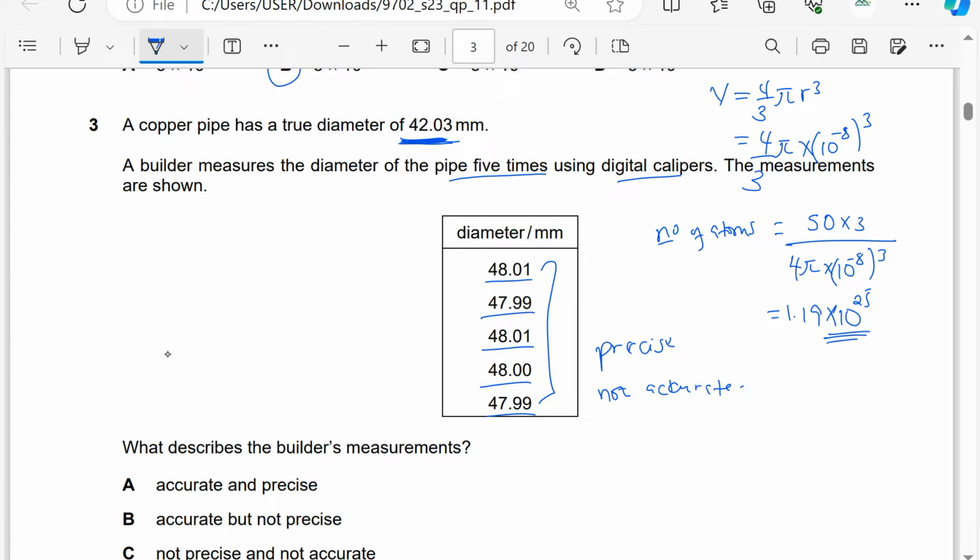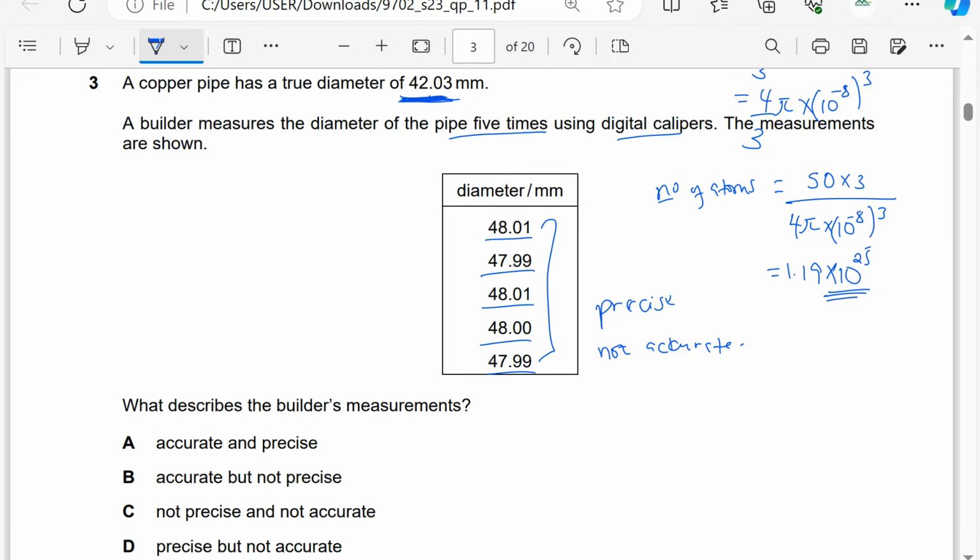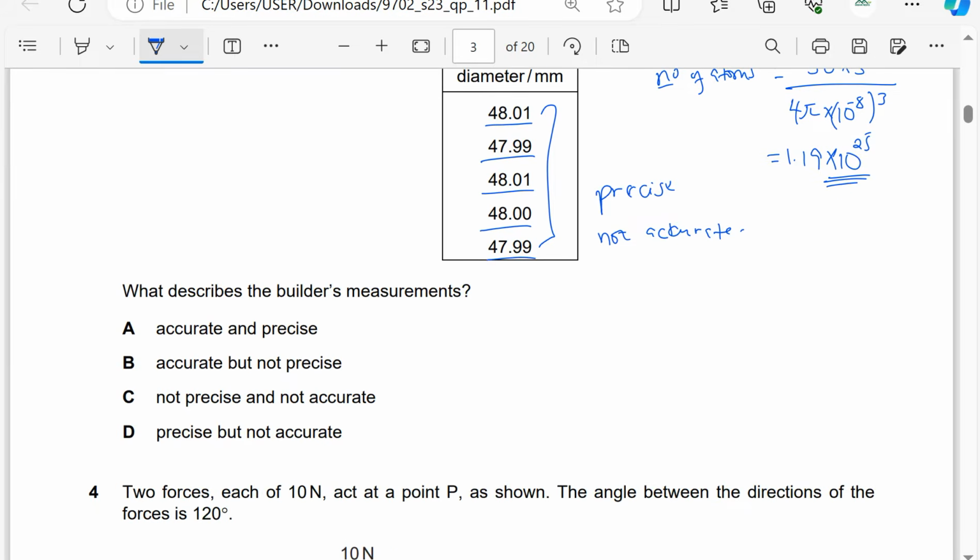Remember, precision is how close the measurements are to each other, and accuracy is how close the average of the values is to the true value. If you try to find the average and it is not very close to the true value, then they are not accurate. So they are not accurate, but they are precise. So the answer is going to be D.